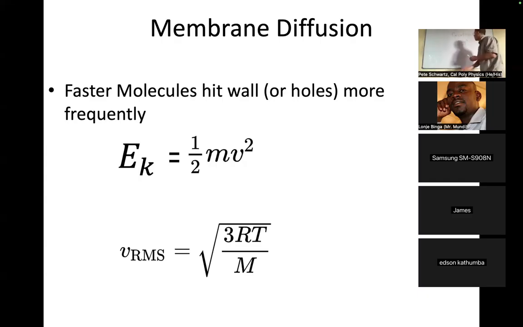Now, if we solve for this, we can say v is equal to what? The square root of 2 times energy over the mass, right? Okay, now where does that 3 come from? Oh, I'm sorry. And energy we know is proportional to temperature, right?